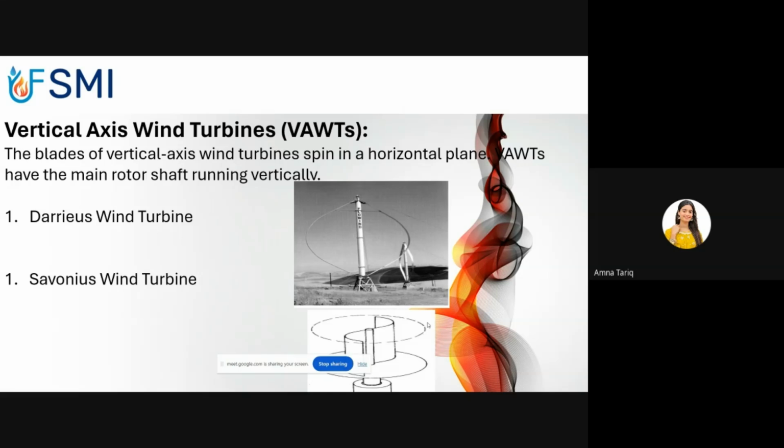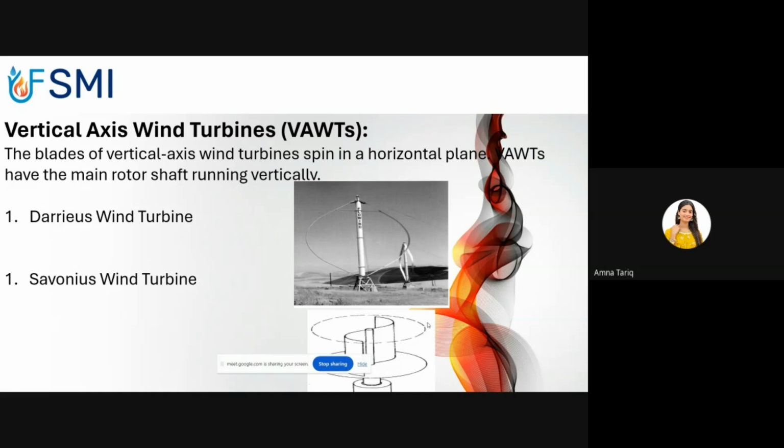Next is the Savonius wind turbine. The Savonius wind turbine consists of two half cylinders mounted on a vertical shaft that has an S-shape appearance when viewed from the top. You see the diagram of the Savonius.